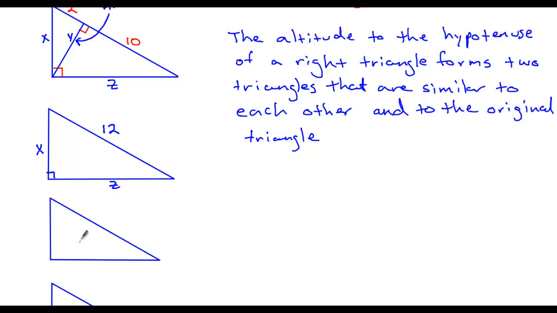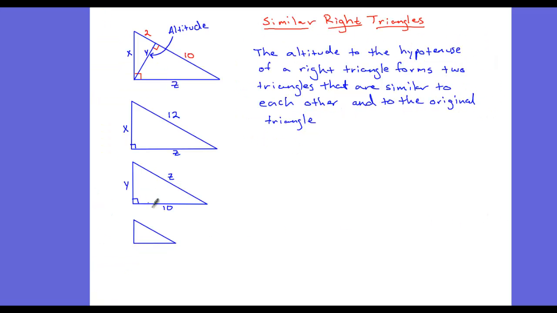So I'm going to go to the medium-sized one. Let's mark the right angle. Across from the right angle is the hypotenuse, and this one is z. The base of it here is 10, and the height here is y. I look at my little triangle, and the right angle is here.